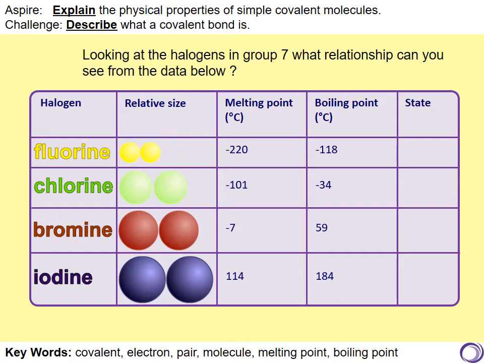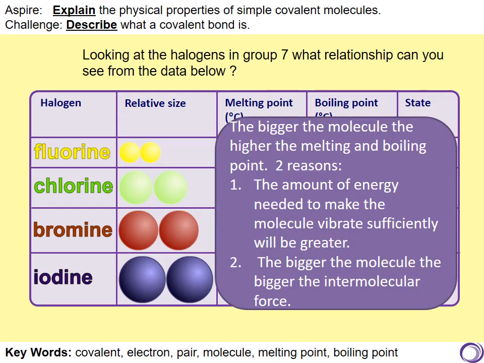And that means that as the molecule gets bigger, the melting and the boiling point increases. We look at the physical states of them then. Fluorine and chlorine would be gases, bromine is a liquid, and iodine is a solid.